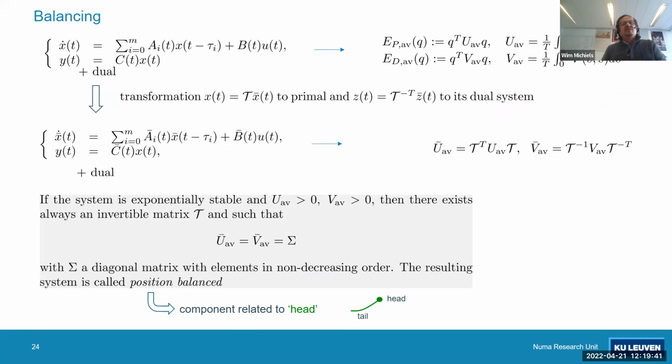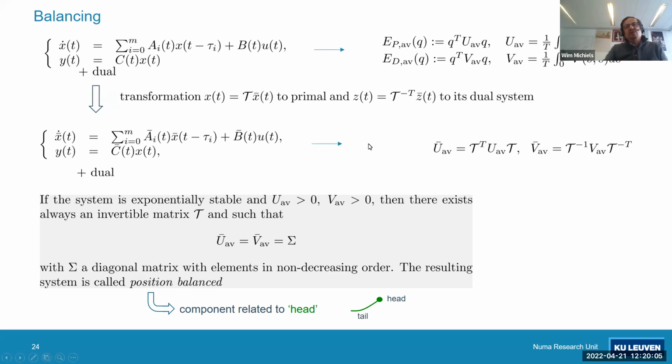If you have a finite element model with a mass, stiffness, and damping matrix, and you do a transformation in Rn and not in some linearization, then you cannot balance the full Gramians, but only part of it, the position or the velocity, or maybe a combination of both, but not everything.